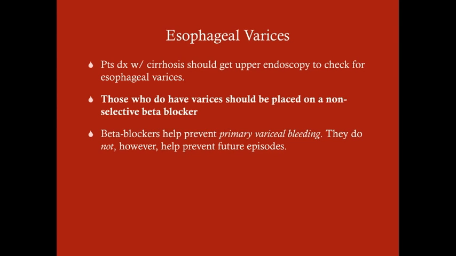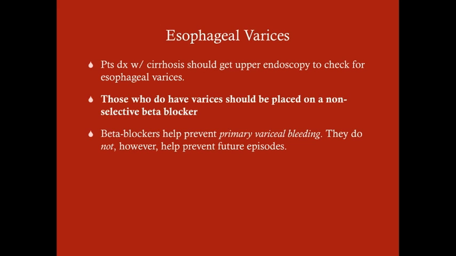All right, so patients with esophageal varices, they may not be symptomatic. So any patient who's diagnosed with cirrhosis, or who's chronically alcoholic, or who is starting to have liver failure, elevated liver enzymes, if you've diagnosed a patient with liver failure, you should be doing an upper endoscopy on them proactively to look for esophageal varices.